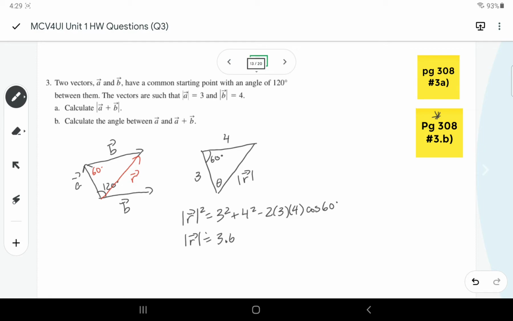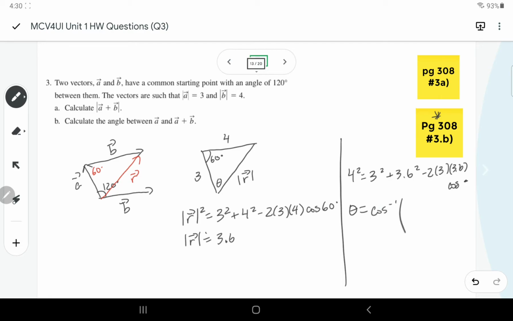So I'm actually going to use cosine law to solve for theta, because this could be an ambiguous case.